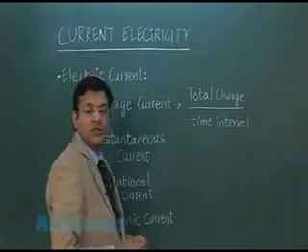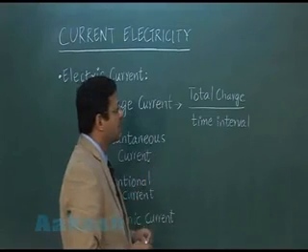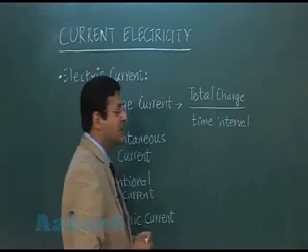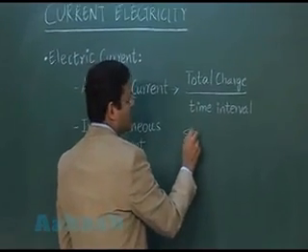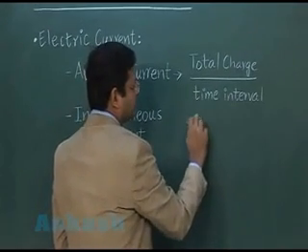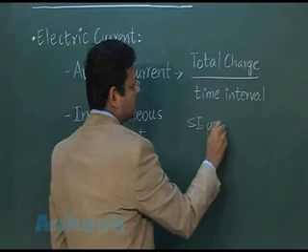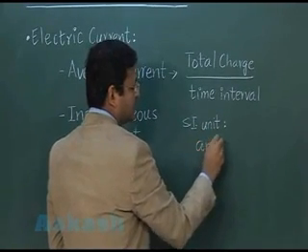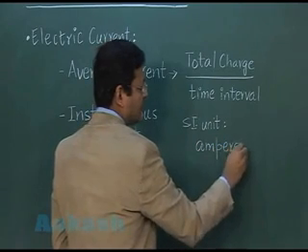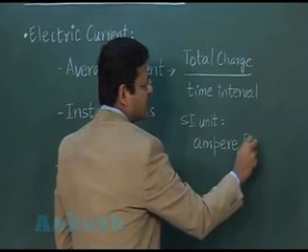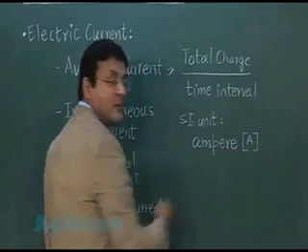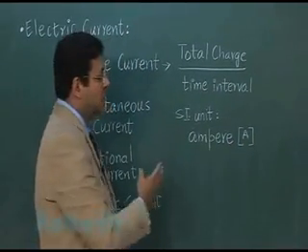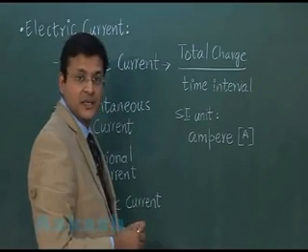If you talk about the unit of this current, SI unit is ampere. Symbolic representation is capital A because it is on the name of a scientist. SI unit is ampere, and mind you, this is one of the 7 basic SI units as well.